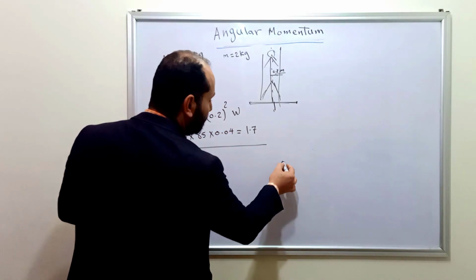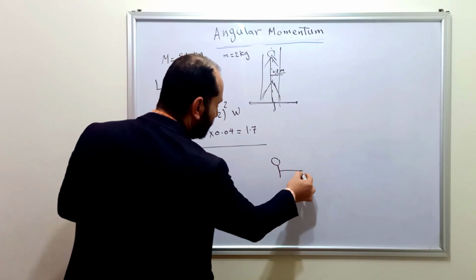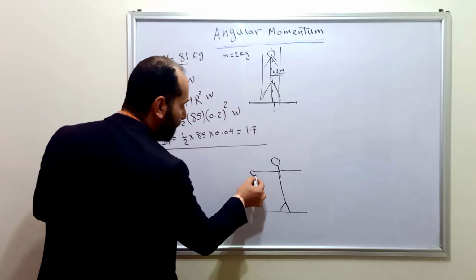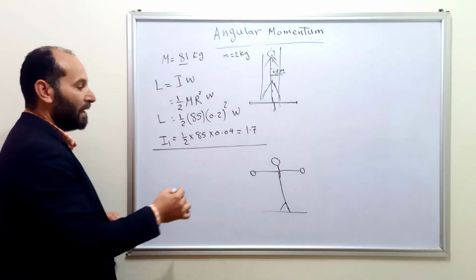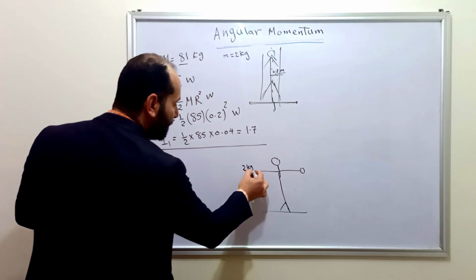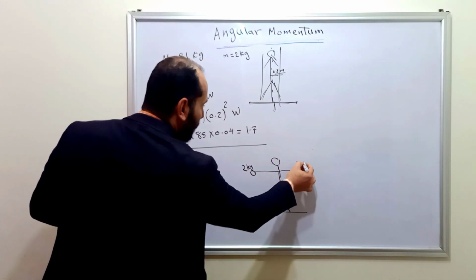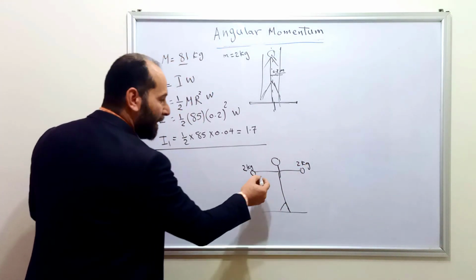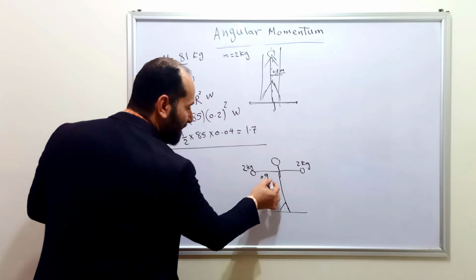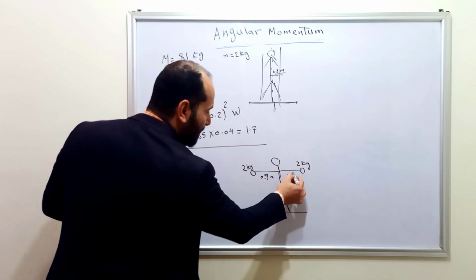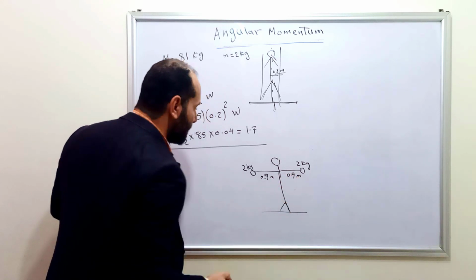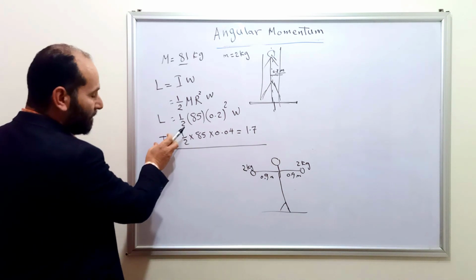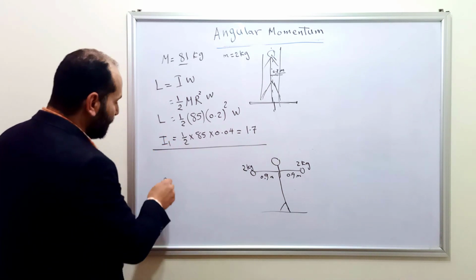If this man makes his arms like this, and he has here 2 kilograms and here 2 kilograms, and his arm is about 90 centimeters, 0.9 meter, here and here, the inertia changes. The inertia increases.